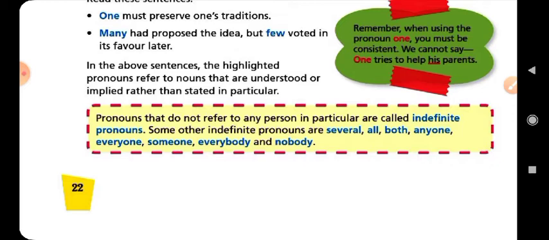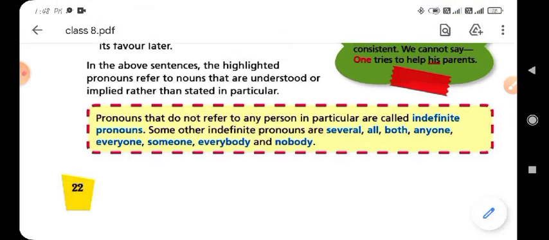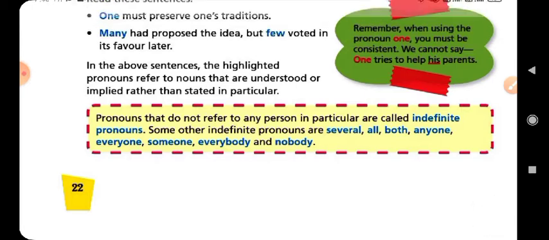It is used as a demonstrative pronoun when we point out the person or things to which it refers. Look at the sentence below. One of these books belongs to Rita. So here the one of these is the demonstrative pronoun, and it is used as an indefinite pronoun when we refer to an unspecified person or things. For example, one should always try to be patient.